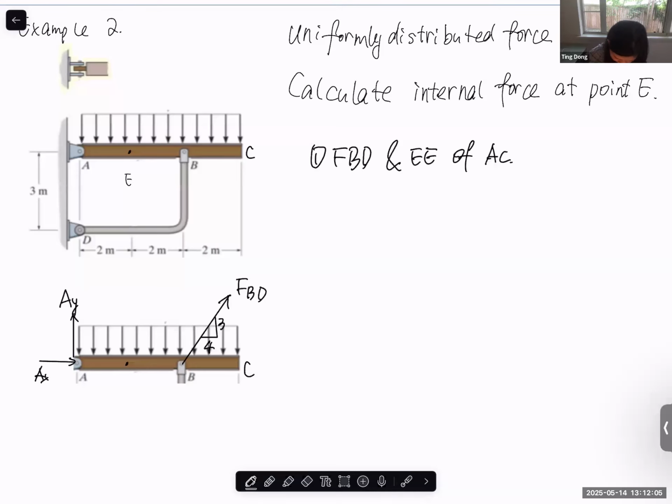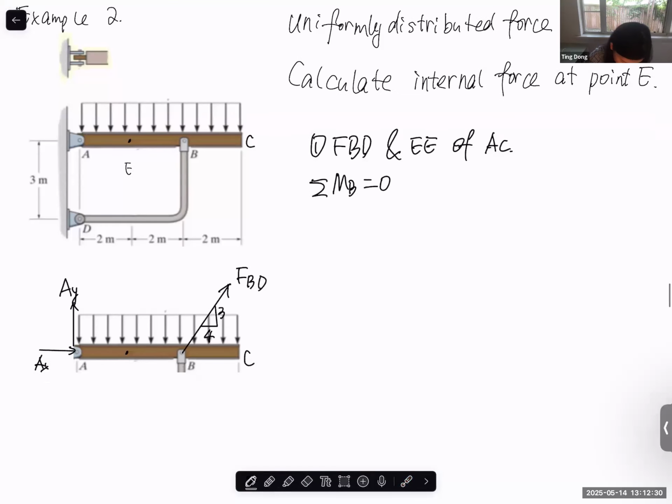First, if we take the moment about point B, we can calculate AY, right? Because the distributed force generates a counterclockwise moment, and AY generates a clockwise moment. We can calculate AY. So what is the equivalent concentrated force for the distributed force?